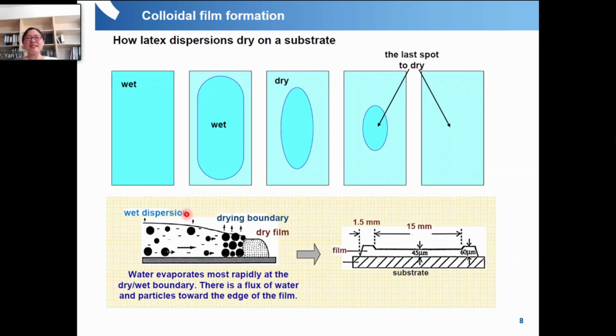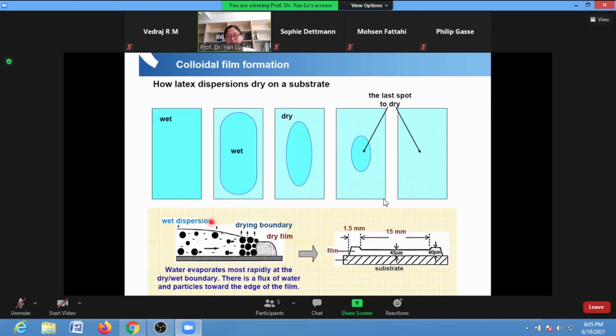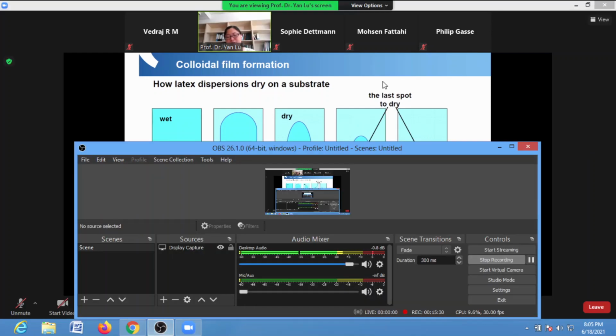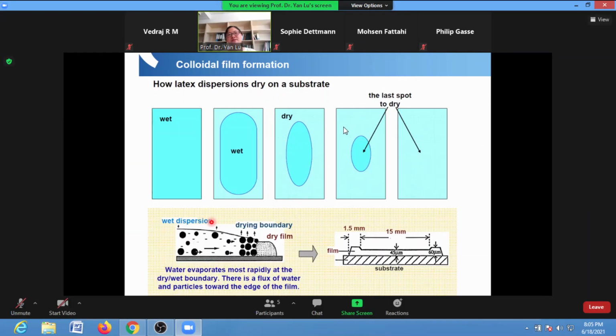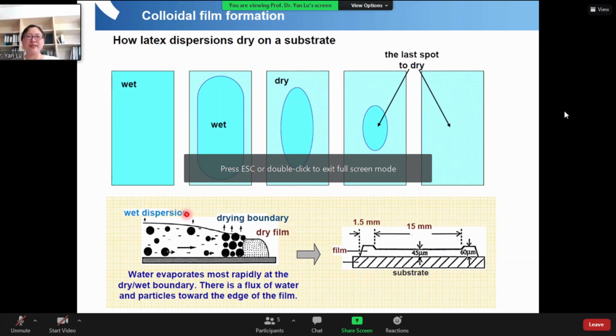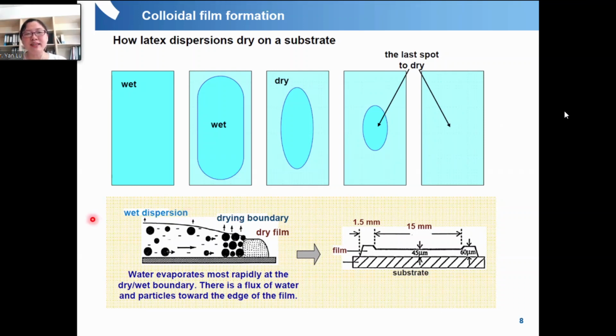So with this, we can come to the main topic today. As we mentioned, we will talk about these colloidal films. And of course, the first question you will think about is how this film can form. If we look at the scheme here, I give you a very simple scheme.